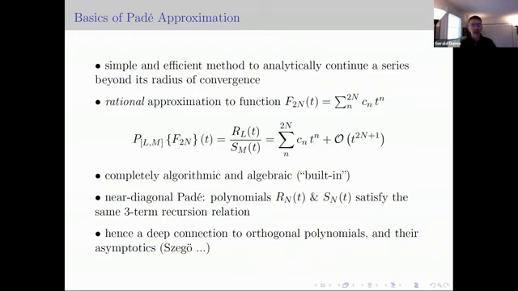And that's a hint that there's a very deep connection here between Padé and orthogonal polynomials, which are built on three-term recursion relations. And that gives you a route into studying how these things behave as n goes to infinity, which is what you would actually be interested in, studying the asymptotics. Because a lot is known about the asymptotics of orthogonal polynomials, dating back to the work of Szegő and company.